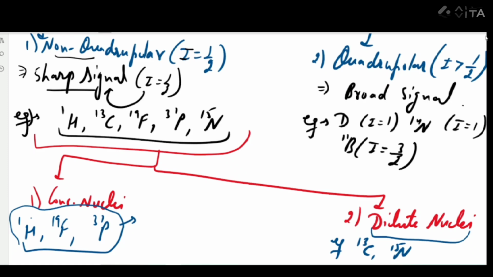The abundance of proton, F19 and P31 is around 100%, but in dilute nuclei the abundance of C13 is 1.1% and of N15 is 0.37%. Because the abundance is less, it takes more time to give the spectra, whereas concentrated nuclei give the spectra in less time.